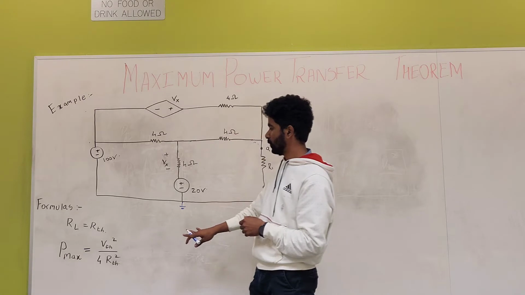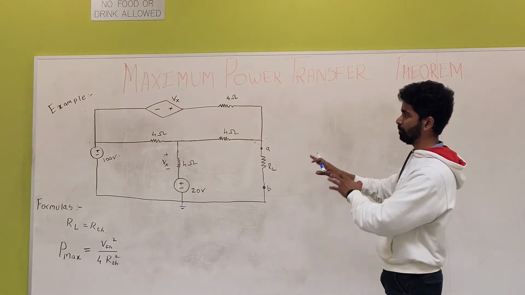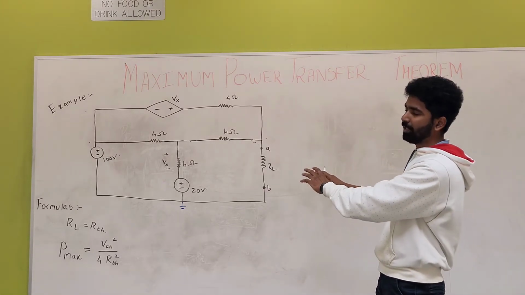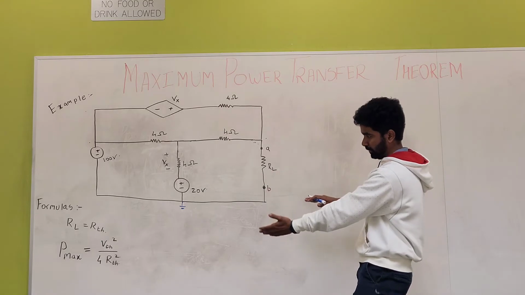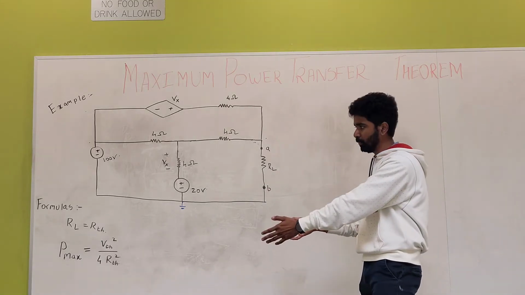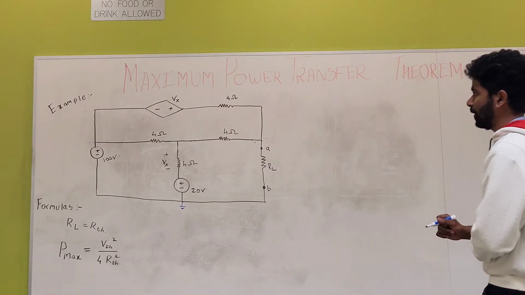So for that we need to find VTH and RTH. The main goal for any circuit is to get an equivalent Thevenin voltage and Thevenin resistance, and then substitute them to get the maximum power. So let's start with this circuit.